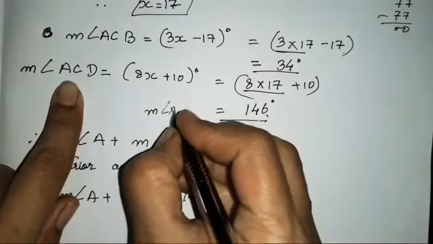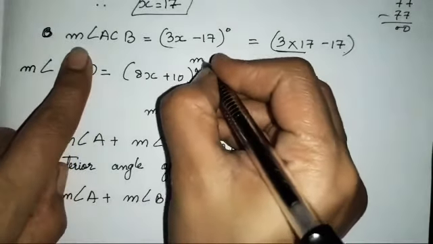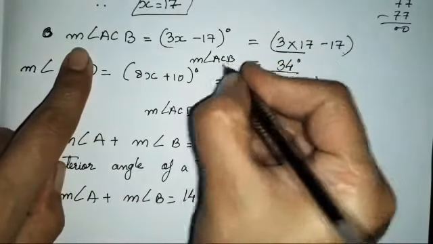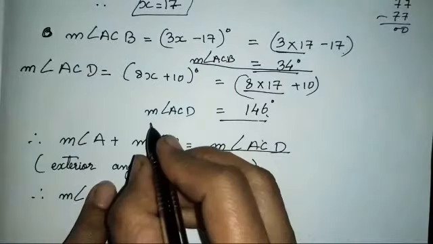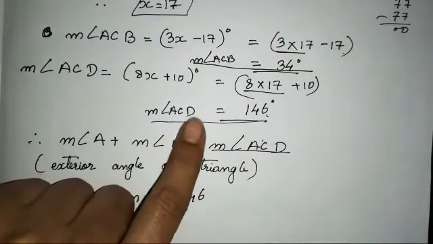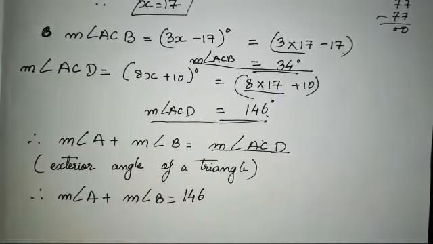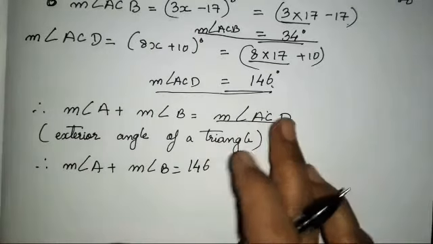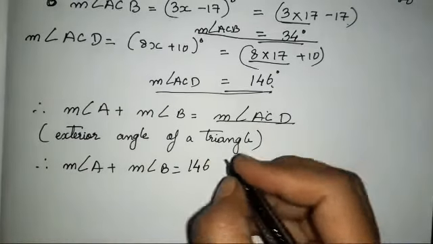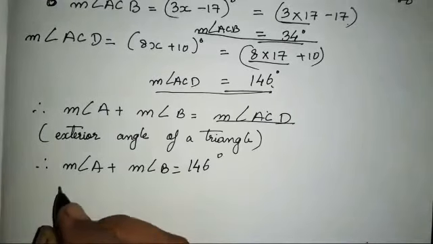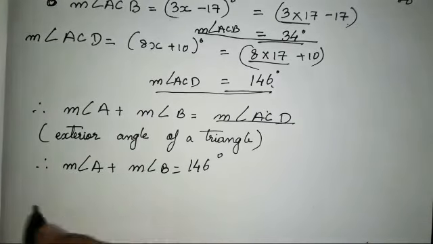Write it down if you all are getting confused. This is also the measure of angle ACB. Underline it so that it doesn't get mixed up. Okay, so we need to use the exterior angle property: ACD is supposed to be 146 degrees. Now both are equal, right?